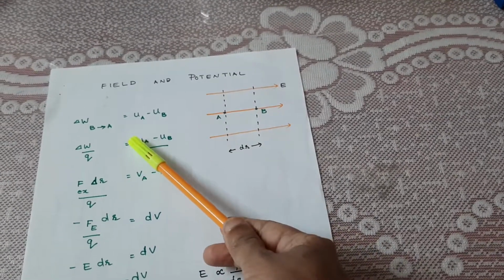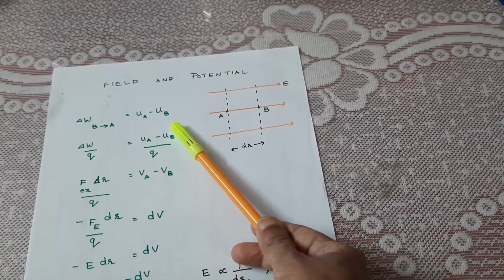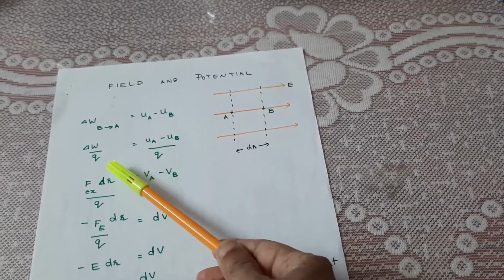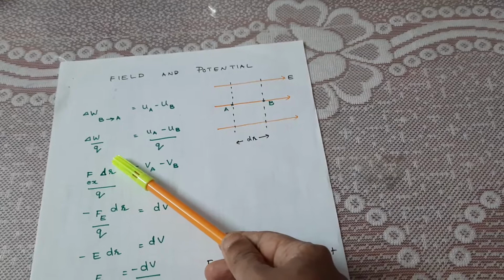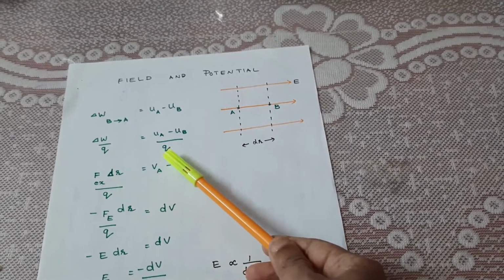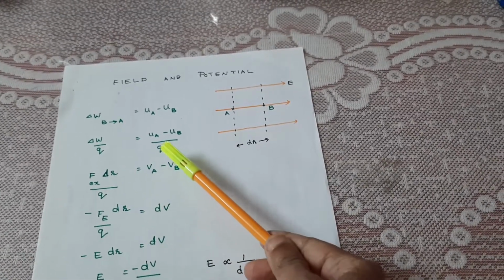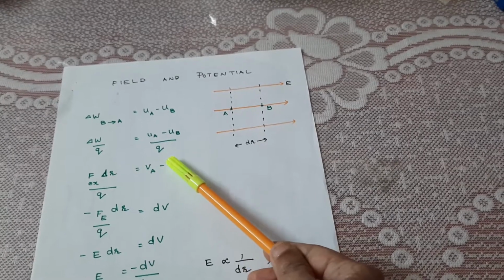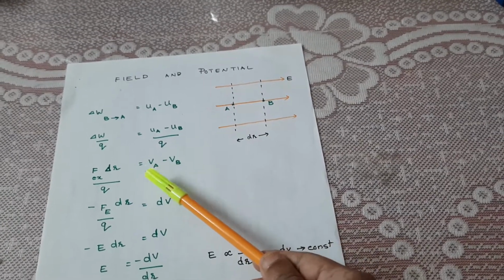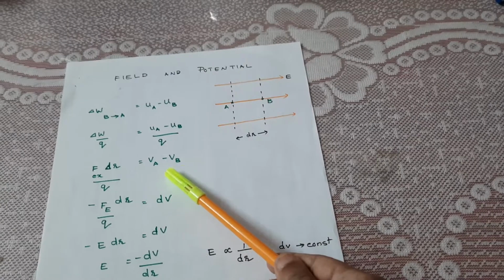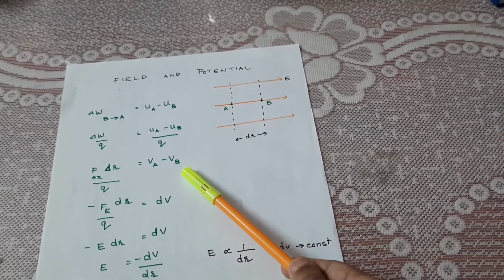Work done is equal to the difference in the potential energy. Work done per unit charge is the potential difference, UA minus UB by Q. That is the potential difference between A and B, VA minus VB.